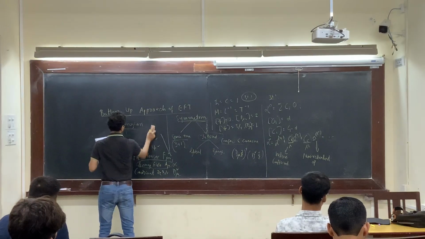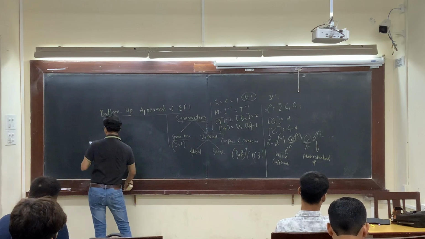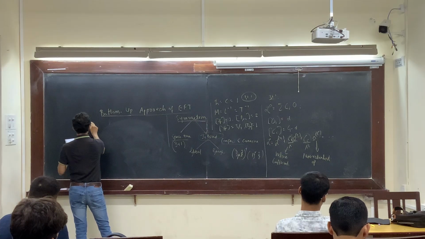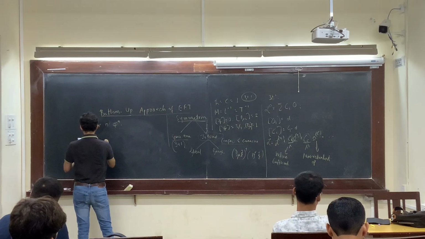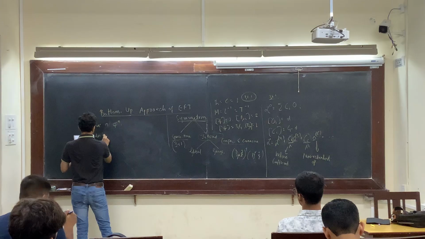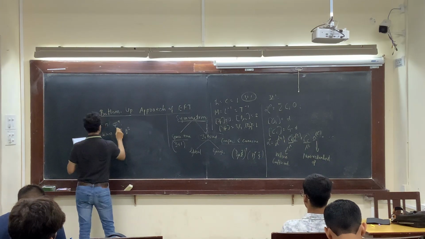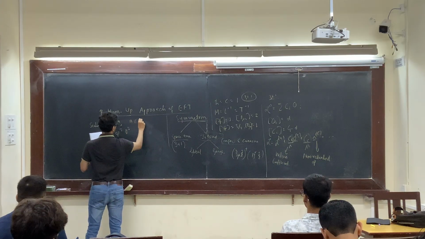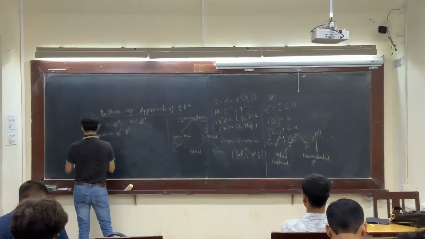Now, what are the possible structures that you may encounter? For example, the pure scalar case, phi to the power n, and then you have a scalar kinetic term, phi squared D squared. When I'm talking about n, n belongs to Z plus, otherwise this could create a problem for me.